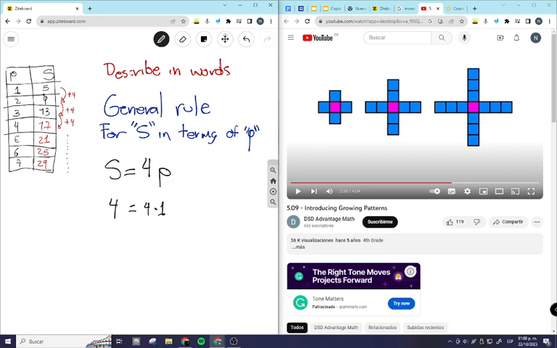Did we actually get what we needed? No, because it's supposed to be 5 and we got 4. But don't worry, because if we got 4, what else do we need? We need to add or subtract something in order to get that 5. And well, yes, we need to add 1. That's it. And this is our general rule.